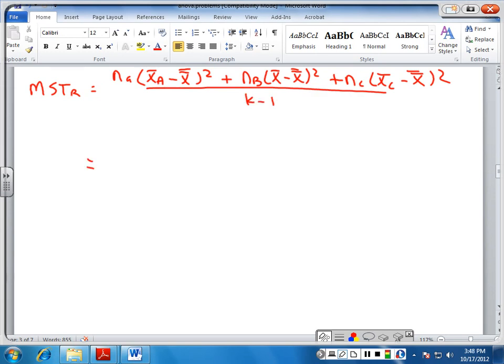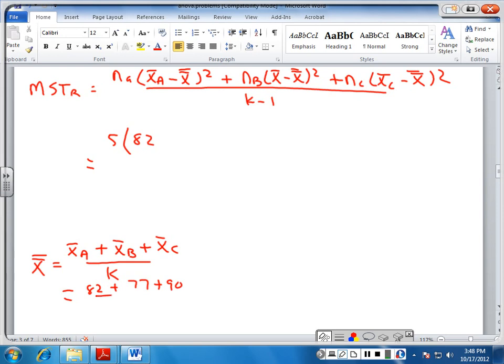So we had 5 observations in group A. You can see now I need to get x bar bar before I can finish my calculation. That was 82, by the way. But x bar bar was equal to x bar A plus x bar B plus x bar C divided by K, and that is 82 plus 77 plus 90, all of that divided by 3, which is equal to 83.